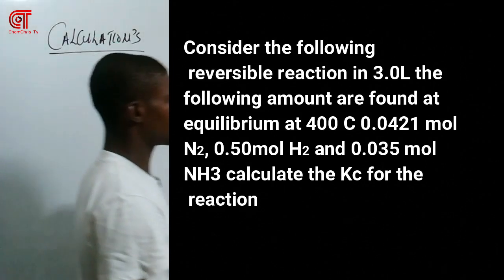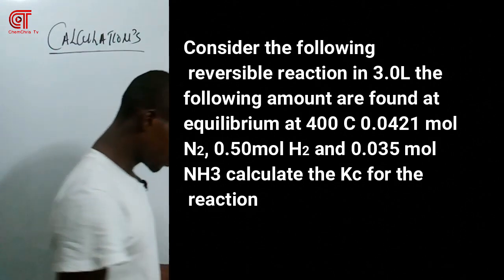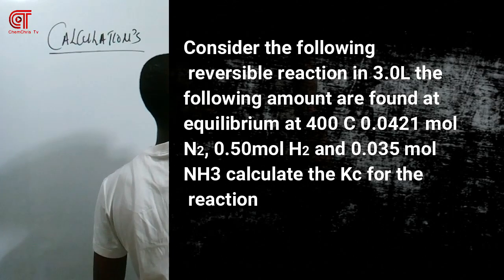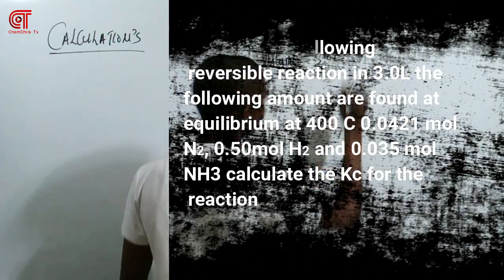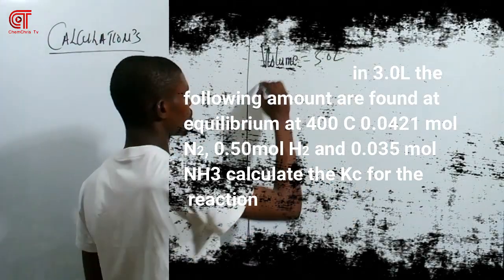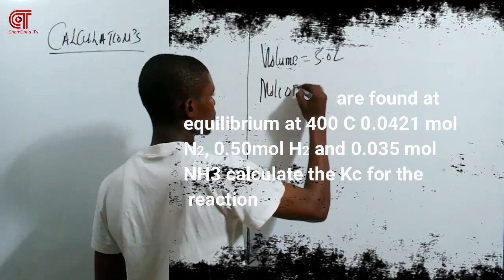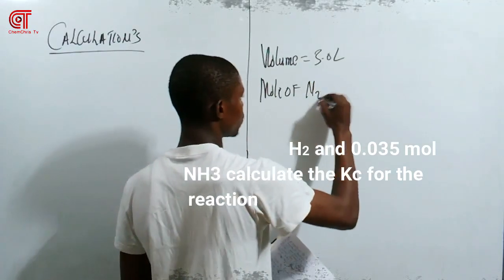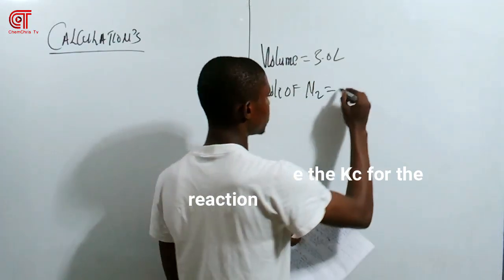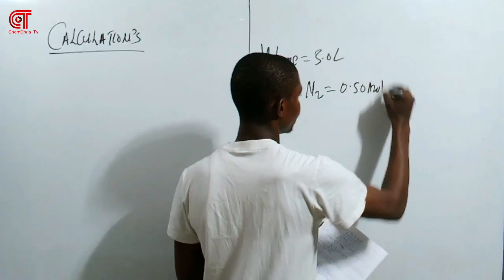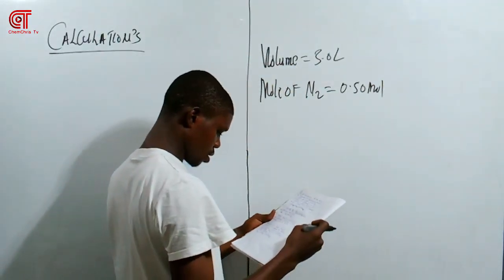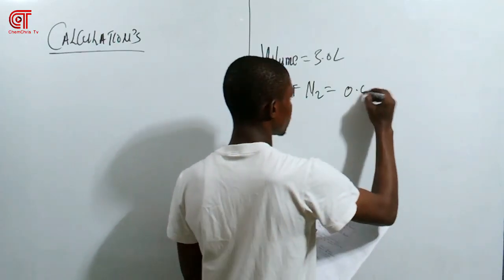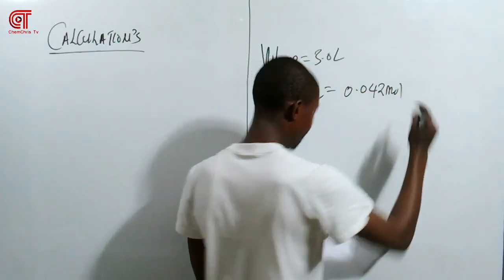So what we have to start off here: the moles of each of them were given to me. The volume of the container is equal to 3.0 liter, right? So the mole of N2 is 0.042 mole, right?